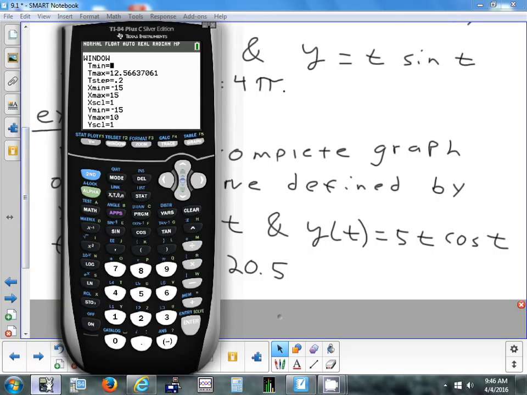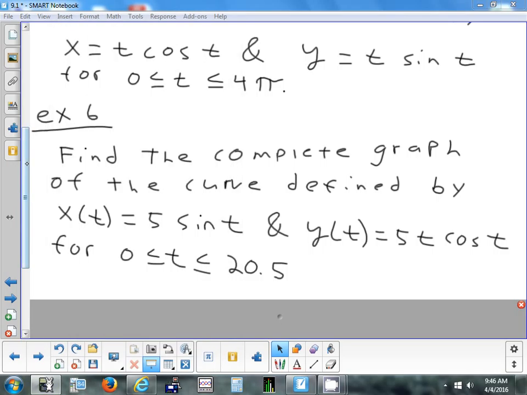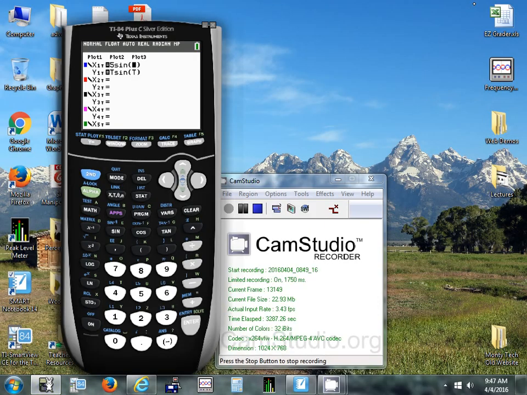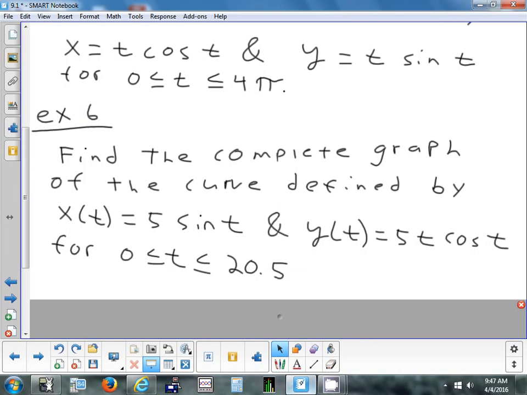Just type it in. 5 sine t and 5t cosine t. Does it matter if we switch to sine and cosine, or we usually look at cosine first? Did I switch them? No, that's on the problem. Yeah, it does make a difference.